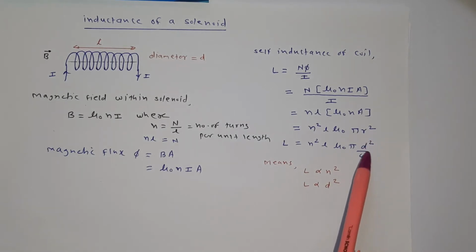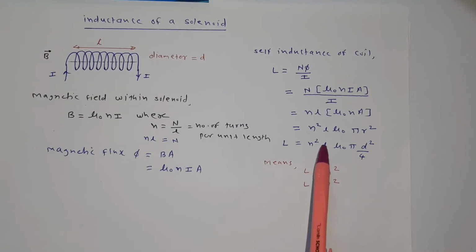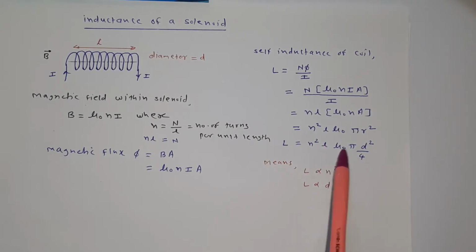R is the radius, that is diameter upon 2, so r square is D square upon 4. So we can say L is equal to n square l mu 0 pi D square upon 4.